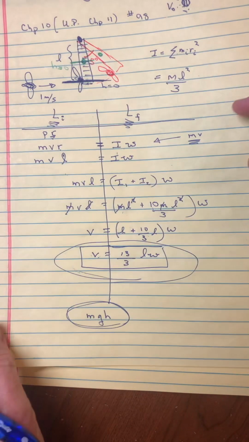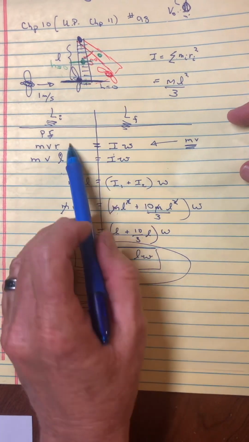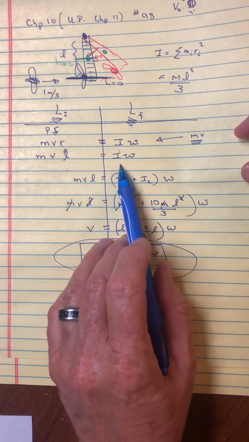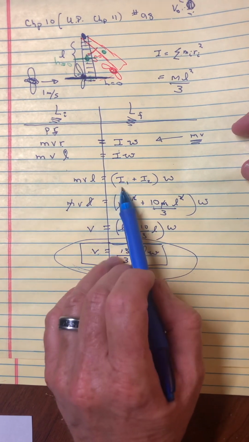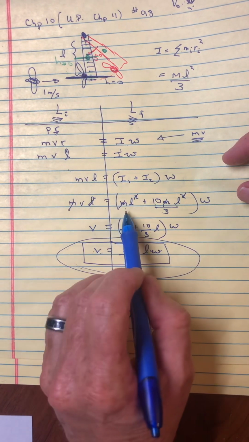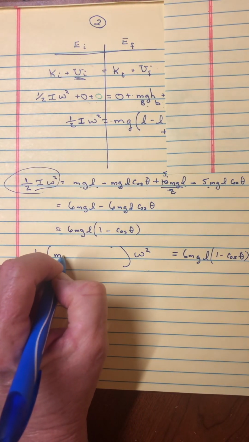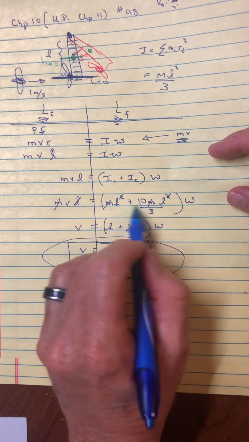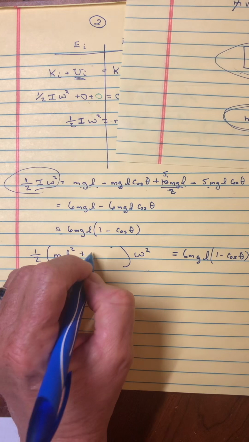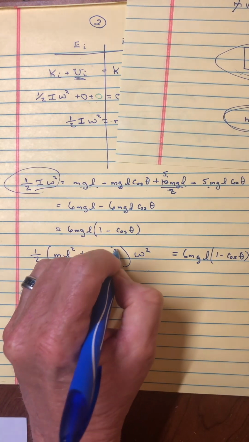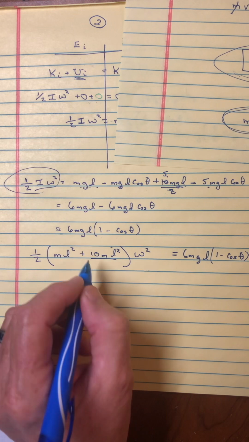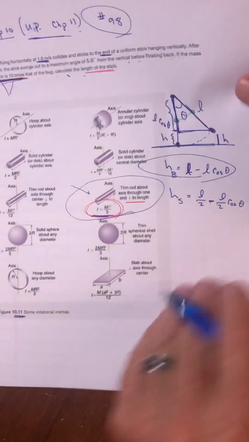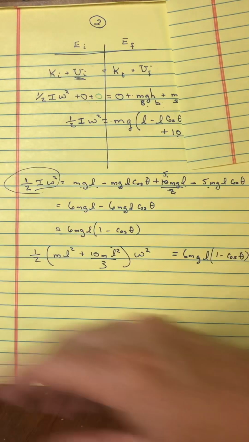But just like I did back here when I did angular momentum, I'm going to say that the rotational inertia is made out of two pieces, one being the bug, so there's the ml squared, and the other is this rod or stick, which is 10 ml squared. And again, the 10m, because that's the mass of the stick, 10 times the bug, and then the 3. And again, we got that from this little chart here, okay?